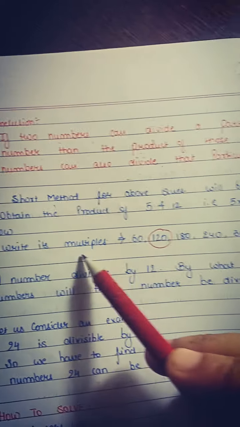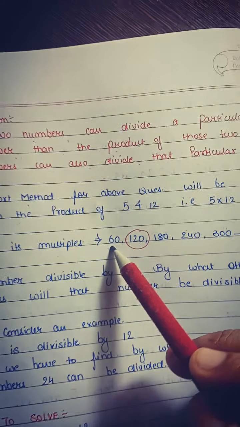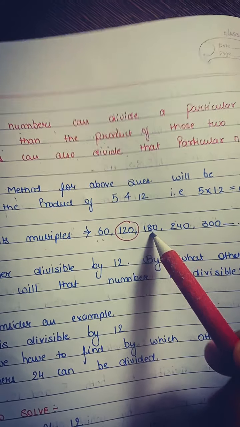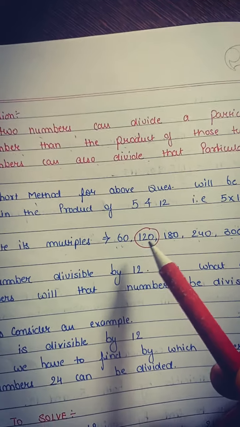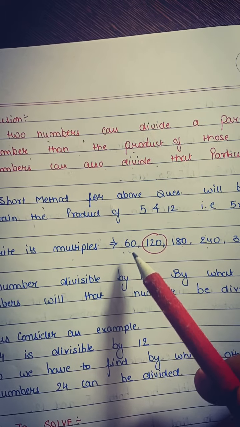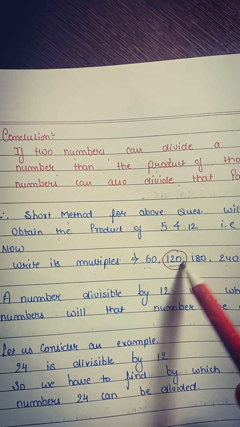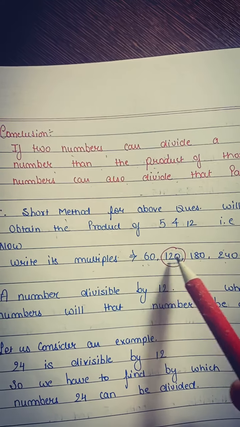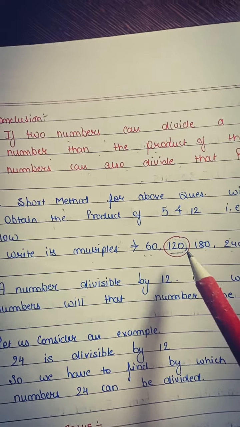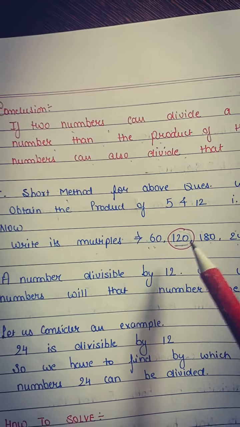Okay, right, the multiples of 60: 120, 180, 240. Therefore I have calculated the multiples of 60, and therefore I determined that 120 is the number which can be divided by 5 and 12. This is the way I determine, and this is the shortcut technique that I was talking about.